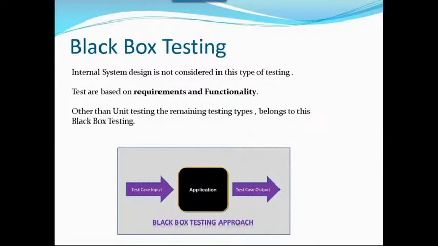Other than unit testing, which I told you is done by the developer, the remaining types belong to black box testing. So in real time we are the black box testers, the functional testers. We need to check whether the application is working as per the given requirements and functionality.